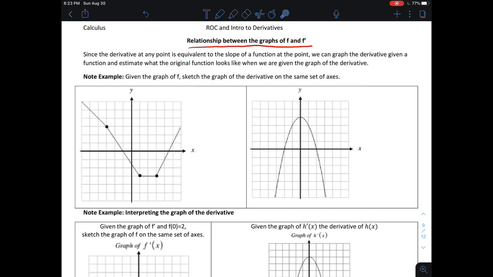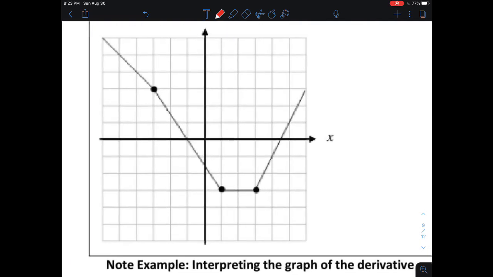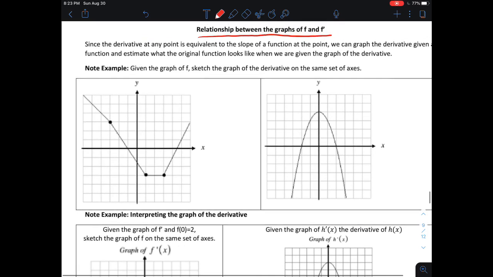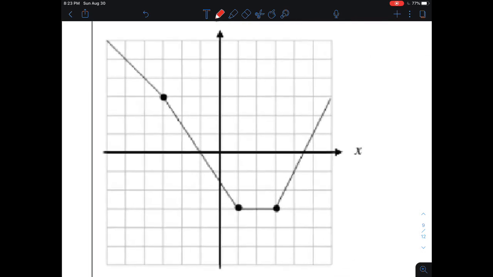And so when I'm trying to make a sketch of my derivative graph, I have to keep in mind that I need to actually plot what the slope is for the curve. So here in this first problem, and actually the first two we have, we're given the graph of a function f. We want to sketch the graph of its derivative on the same set of axes.